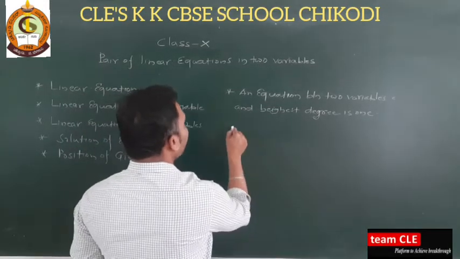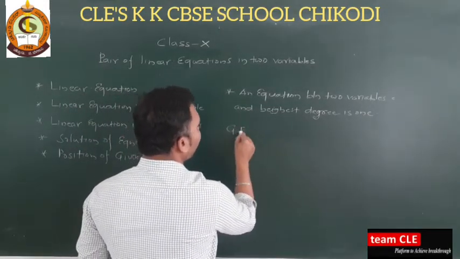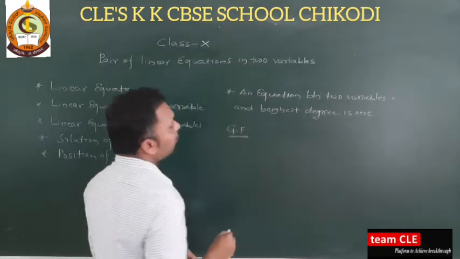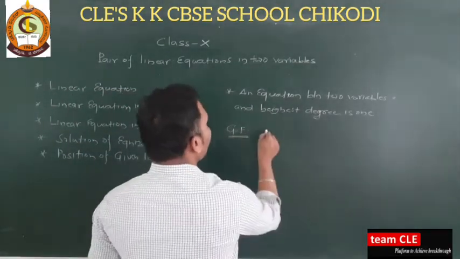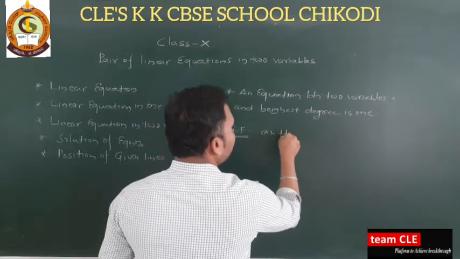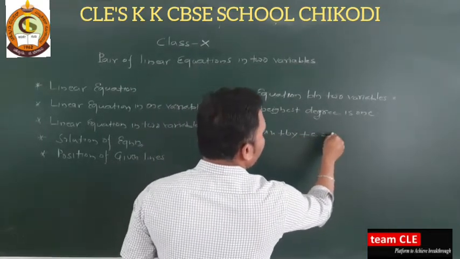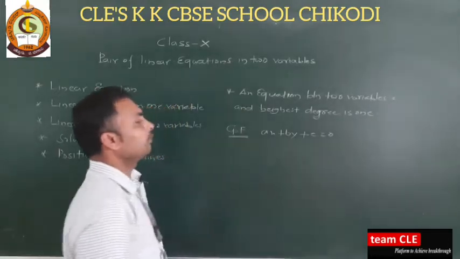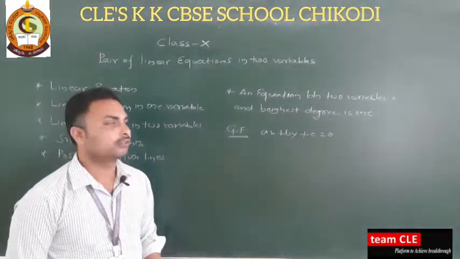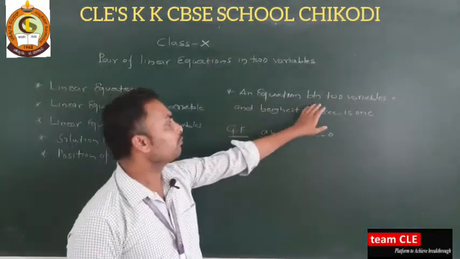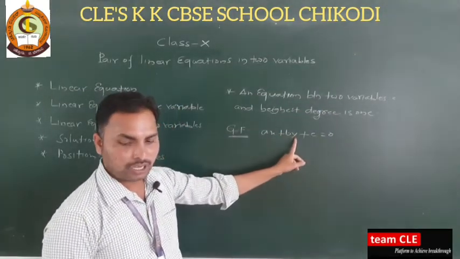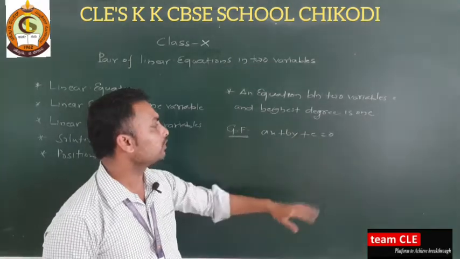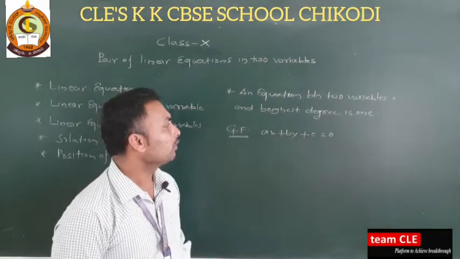First of all, we will write the general form for these equations. A linear equation in two variables can be written as ax plus by plus c is equal to 0. An equation between two variables x and y, where a and b are constants, and c is one more constant.